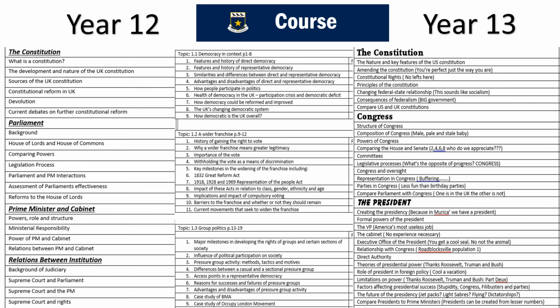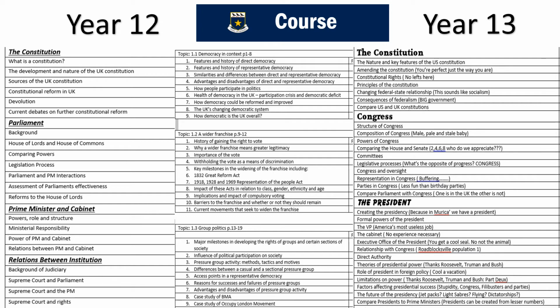The Year 12 and Year 13 course is divided. So in Year 12, we focus on UK government first, which is comprised of the UK Constitution, devolution, and threats to UK unity. And then we look at Parliament: the role of Parliament, powers of Parliament, key events in Parliament's history, and the changes of Parliament over time.